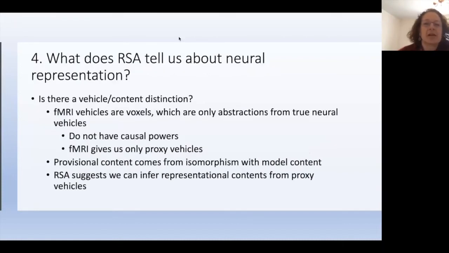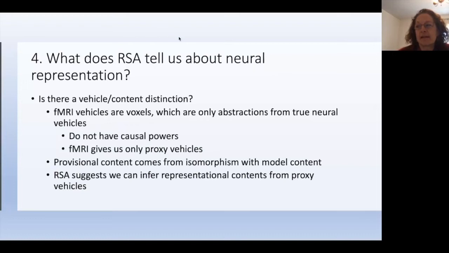Okay, so is RSA a good method for trying to do that? One thing you could ask is, are we getting at representations at all? As I mentioned before, at least a computational view suggests that there has to be a vehicle-content distinction, and that's something you might expect to see.